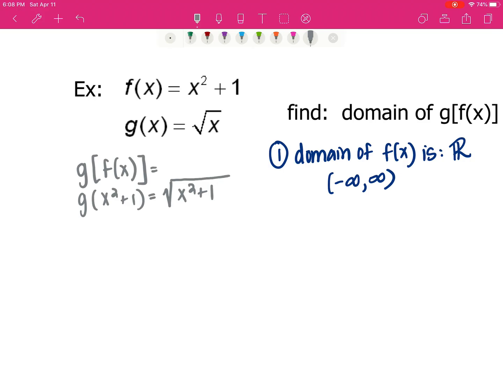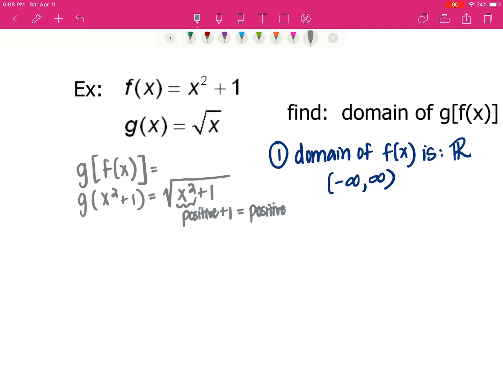Well, no matter what I put in for x, whether it's positive, negative, rational, or irrational, I'm still going to get a positive number. So x squared is going to be positive, and a positive plus 1 equals a positive number. That's the only thing we need to worry about with that radical, that whatever we put in for x, we result in a positive number.